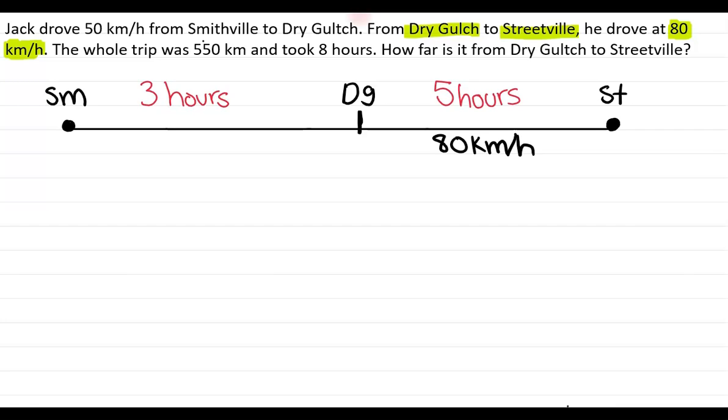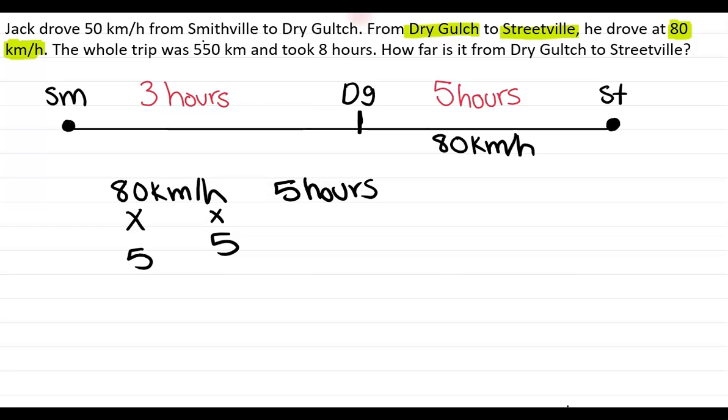If he drove at 80 kilometers per hour, and in total he drove 5 hours, then since we're multiplying the number of hours by 5, we have to multiply the number of kilometers by 5.